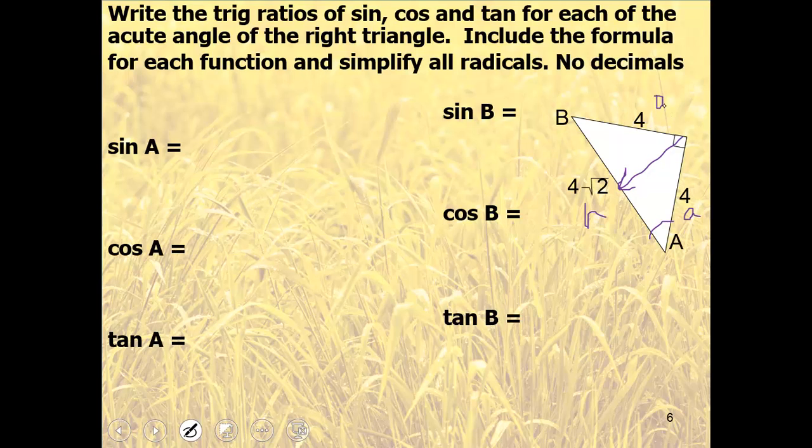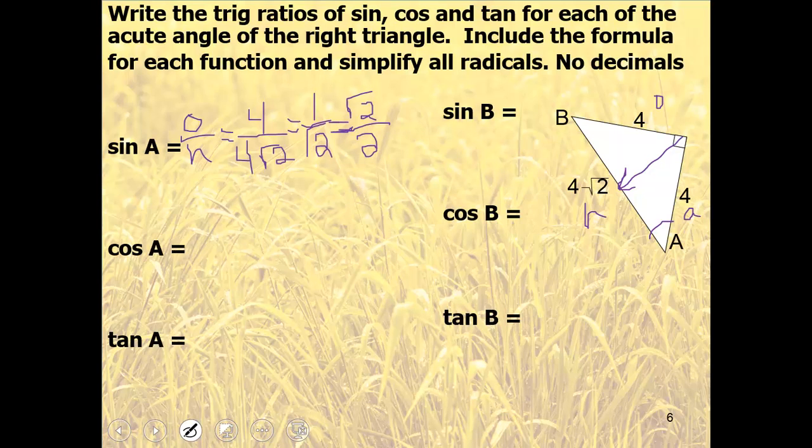Sine of A is opposite over hypotenuse, which is equal to 4 over 4 square roots of 2, which is 1 over the square root of 2, which is the square root of 2 over 2.